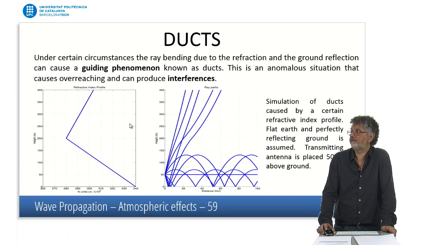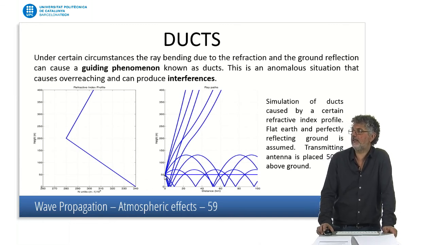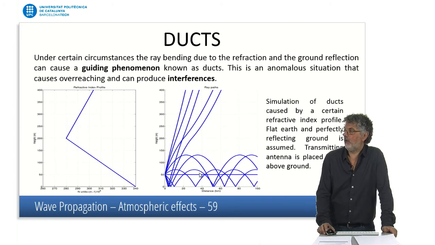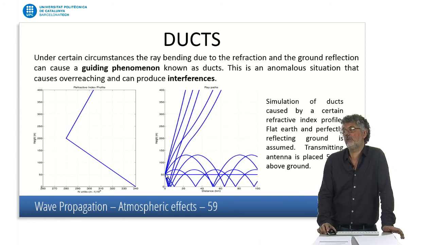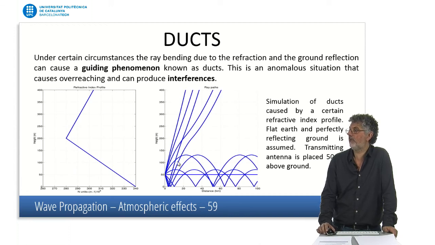I'm just showing a simulation here, in which imagine we have a transmitting antenna at 50 meters, and we are assuming this sort of refractive index profile. We start sending rays, and I'm assuming a flat Earth model. If I send a horizontal ray, it does not see any change in the refraction index, so it propagates straight. But if I send rays with a certain angle, as the ray propagates, it bends toward the Earth, and here if I have a reflection, it goes up, it bends again, and so on.